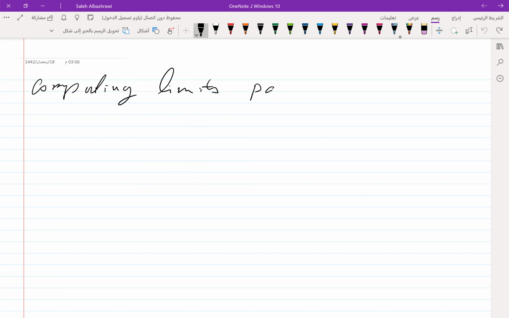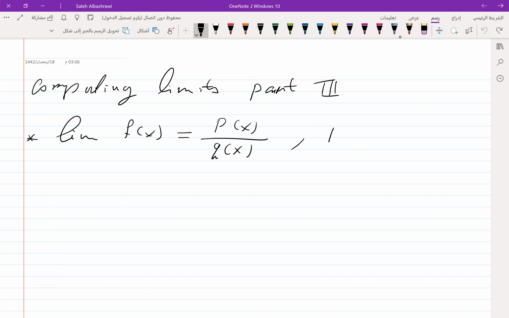In this part, we are going to find the limit of a function f of x, and that function is of the type p of x divided by q of x, where p of x and q of x are polynomials.